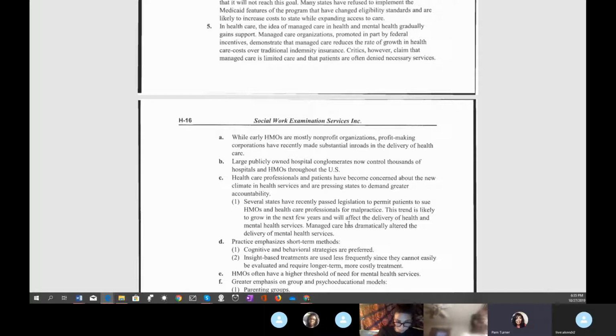It really was kind of like going to the doctor, you didn't have to answer to anybody. So that's when we saw the insurance reform bill come along and HMOs came along, and HMOs made everyone answer to how they were treating them. So you had to have a diagnosis, you had to justify your sessions. HMOs paid a whole lot less than standard insurance, and more people were likely to seek treatment.